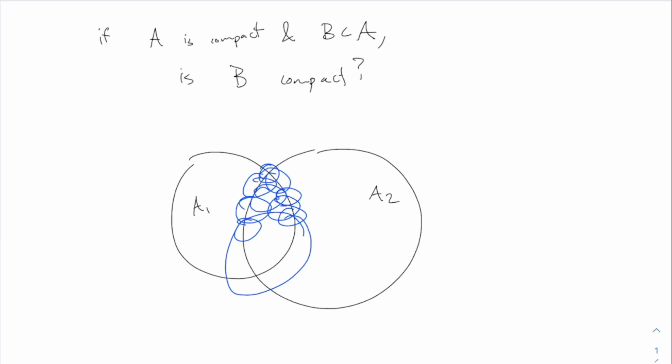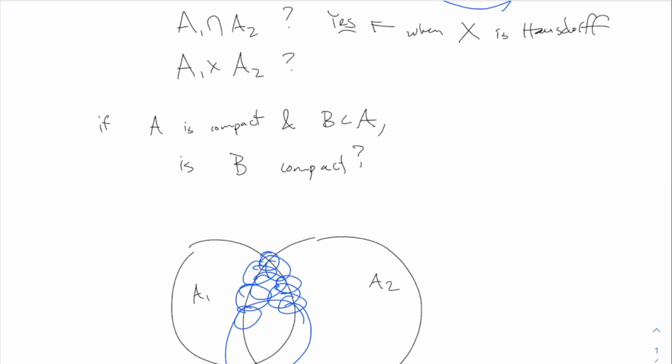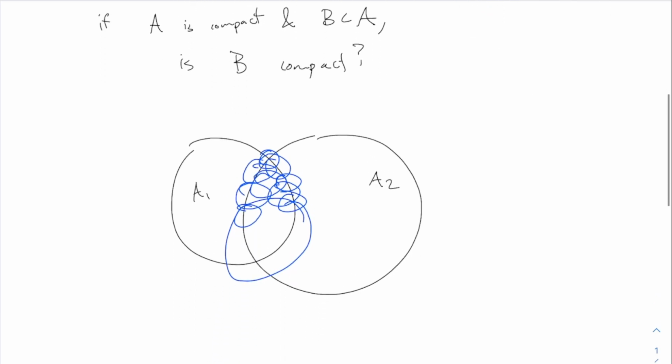And this, I will just say, is less obvious. And in fact, it's not always true. I said the answer is yes, but actually this is true when the whole space that you're in is Hausdorff. I don't want to get into the details of this, but this one is true when it's Hausdorff, which is basically, I mean, most examples that we consider of topological spaces are Hausdorff, which is why I say the answer is yes. But the idea here is, if it's Hausdorff, that means that I can start with this cover of these guys and then additionally put sets around every point of A2.